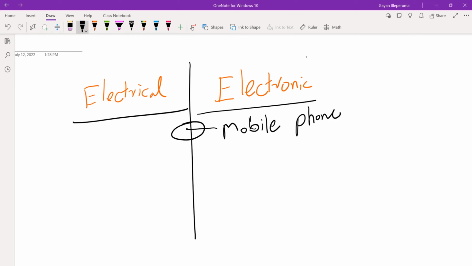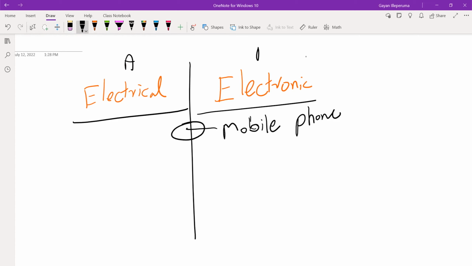Ceiling fan. You know the fan, ceiling fan. Electric. I can hear the word electric, but after that, I don't know. You have to say electrical or electronic.